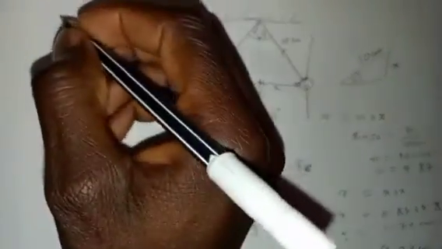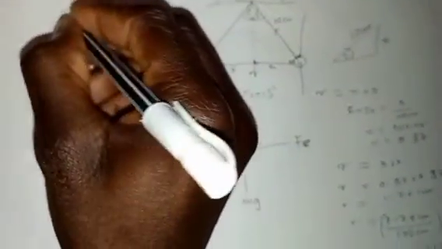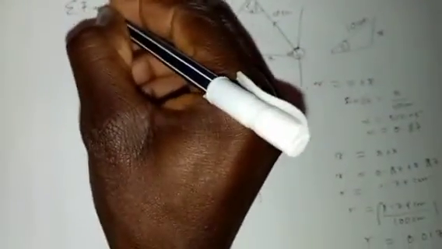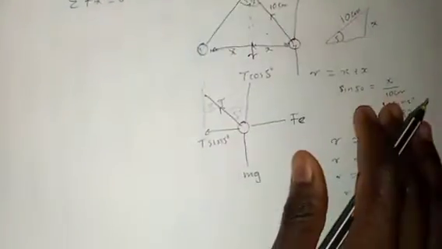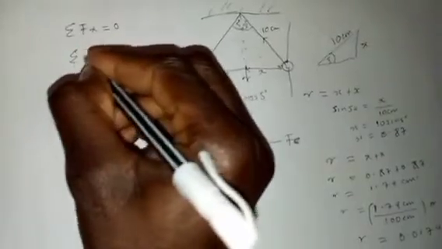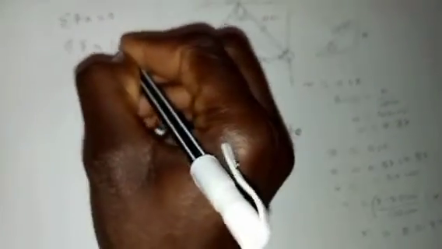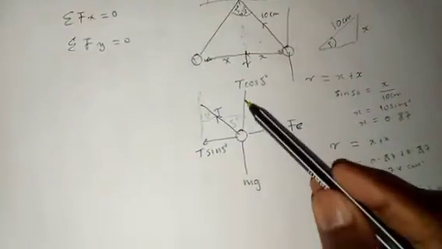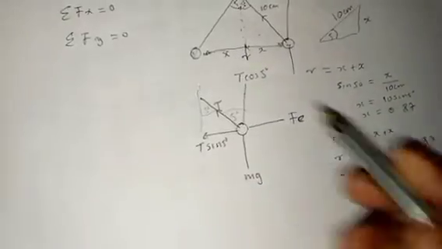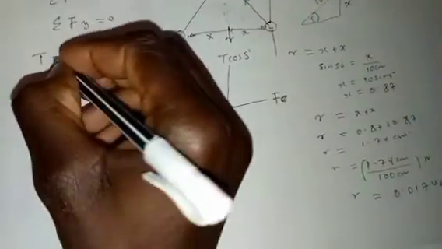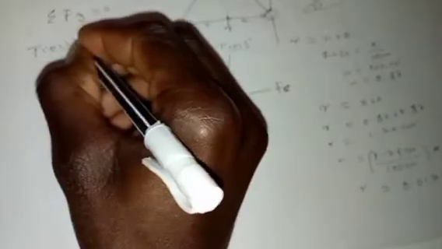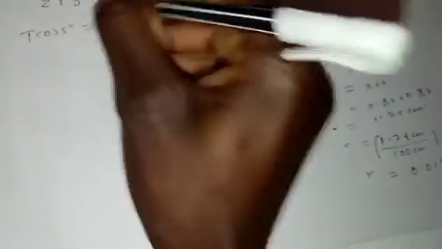Then you have to say the summation of forces in X must be equal to 0 since it is at equilibrium. Even the summation of forces in Y must be equal to 0. That actually means that the upward forces have to be equal to the downward forces. So T cos 5 has to be equal to mg. Then these forces again, they must balance.